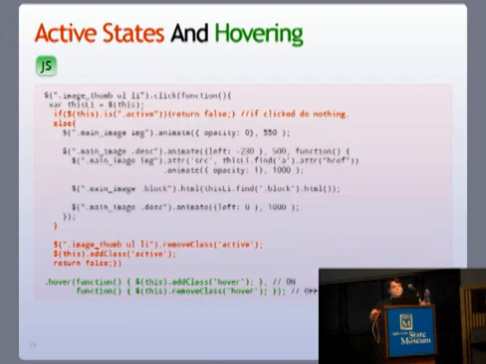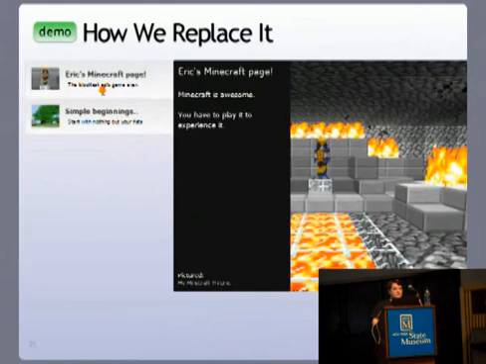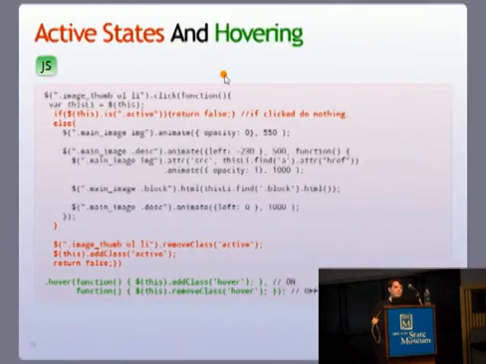Now I want to show users that you're hovering over something. The easiest way to do that is to set a hover. The other thing I want to do is show them that the one they just clicked on is active, because if we go back and click on these, we don't know which one's active. We don't know which one you just clicked on other than the fact that these all match together, and we know that people on the internet don't read.